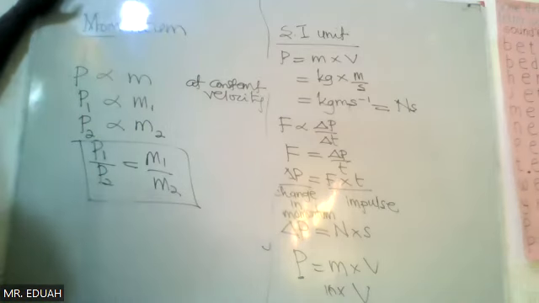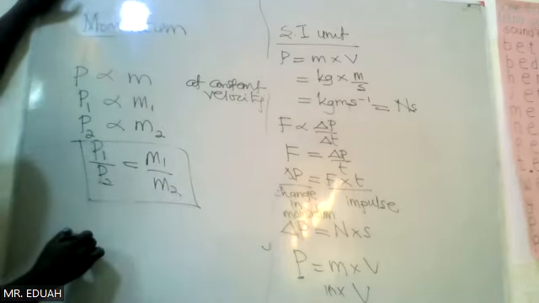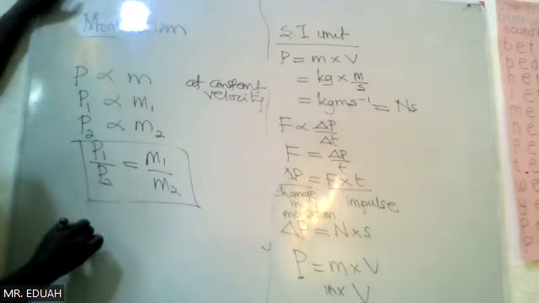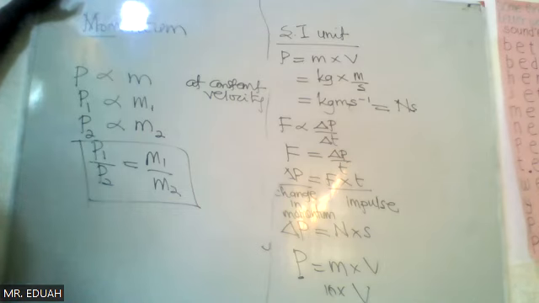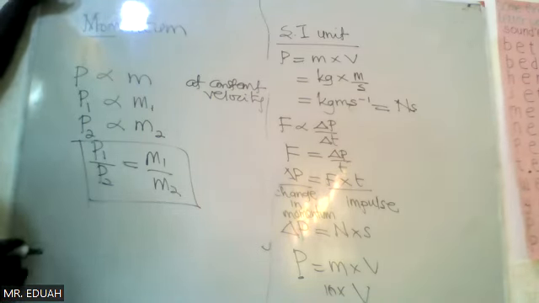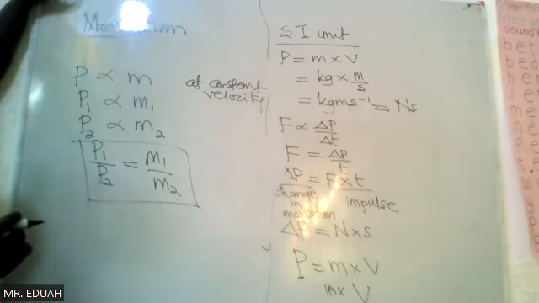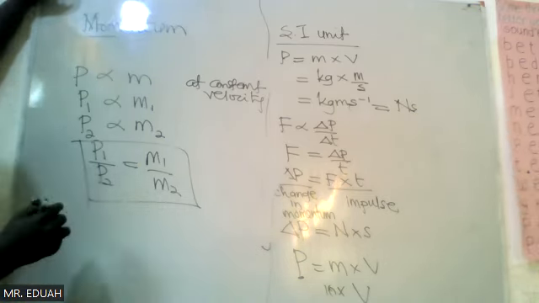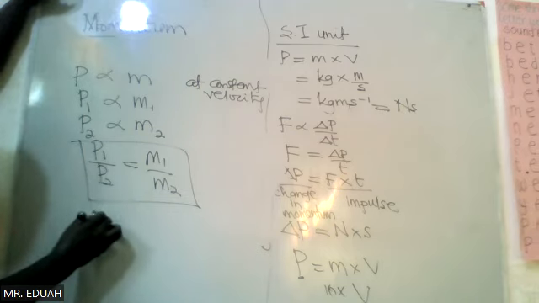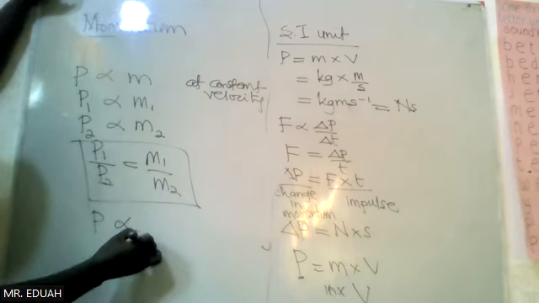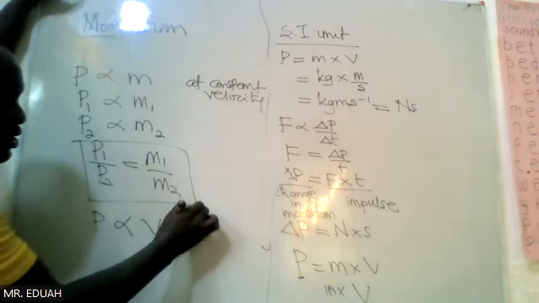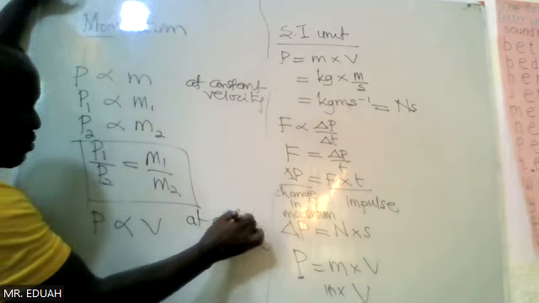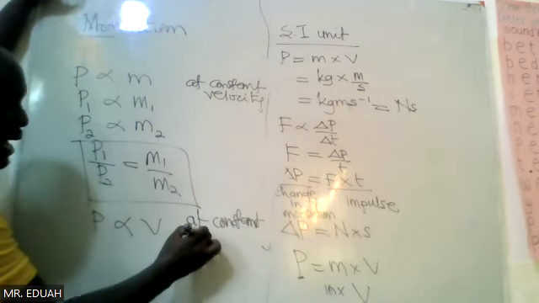We can also argue that for two bodies with the same mass, P is directly proportional to V, on condition that the mass is constant.